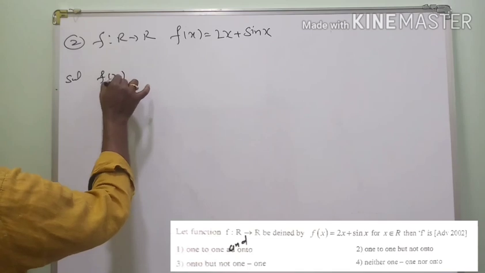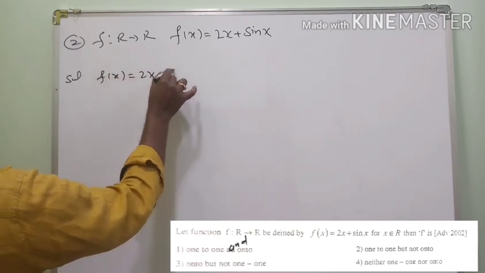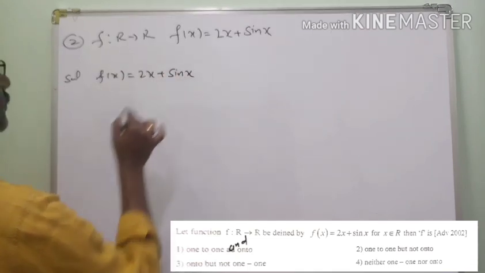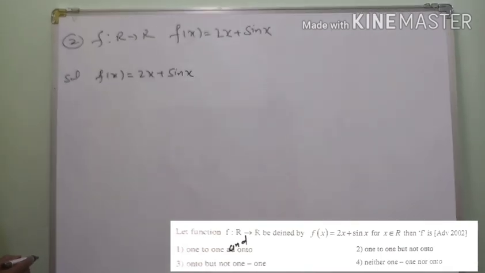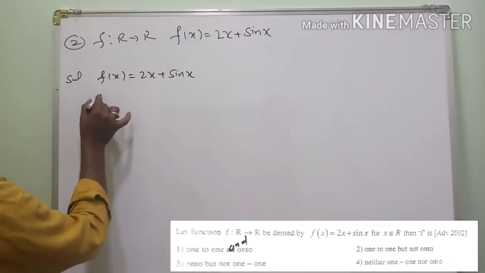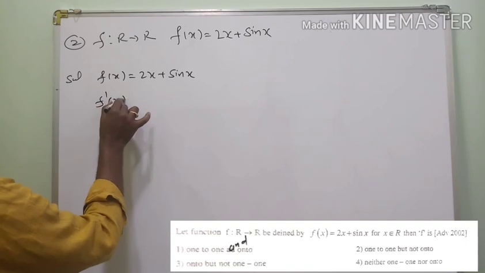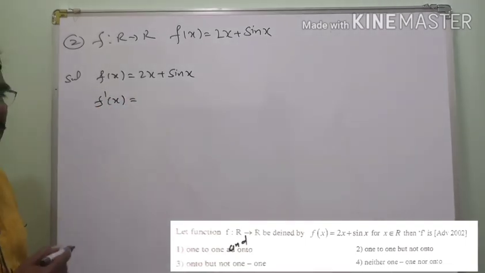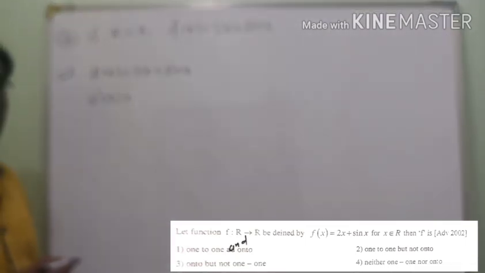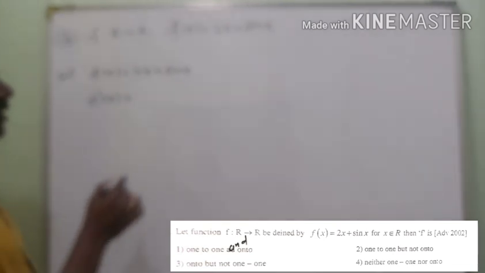F of x is equal to 2x plus sin x. Better to go with the differentiation method, because with trigonometric functions, better go to the differentiation method only.